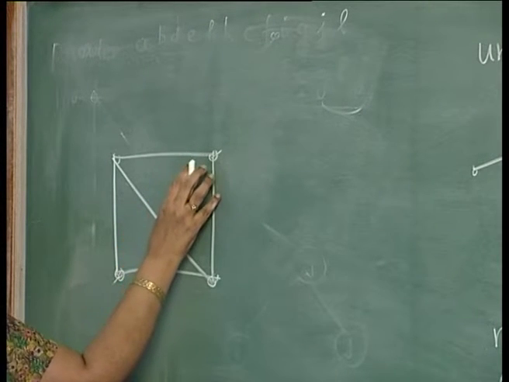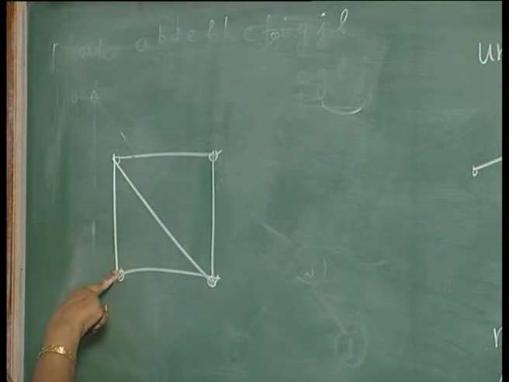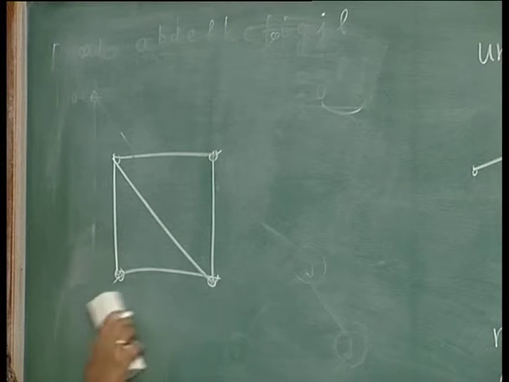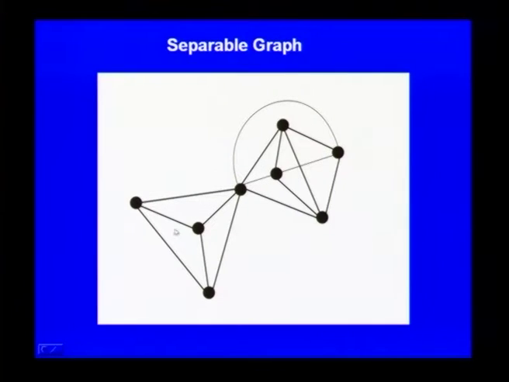But if you remove two vertices, if you remove this vertex and this vertex, you will get these two vertices, they are disconnected components. So, here the vertex connectivity is defined to be 2. In this graph, if you remove this vertex, then it becomes disconnected, one connected component here, one connected component here, and the disconnectivity is obtained by removing this vertex. So, this graph has vertex connectivity 1.